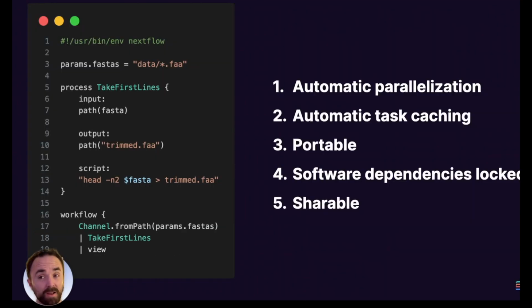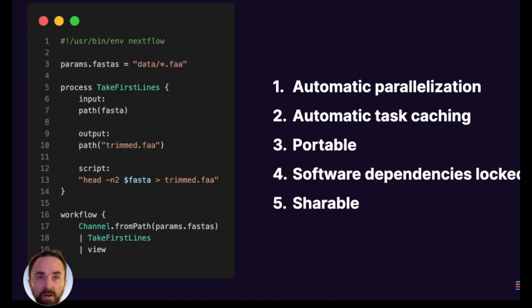So my tiny little toy Nextflow script here gives us a great deal for free. It gives us automatic parallelization. Note that I never had to explicitly describe how I'd like Nextflow to parallelize these tasks. The data flow paradigm, that is data flowing through the graph from channels, through channels into processes, and then again through channels, sort of implicitly defines the parallelization of the tasks.